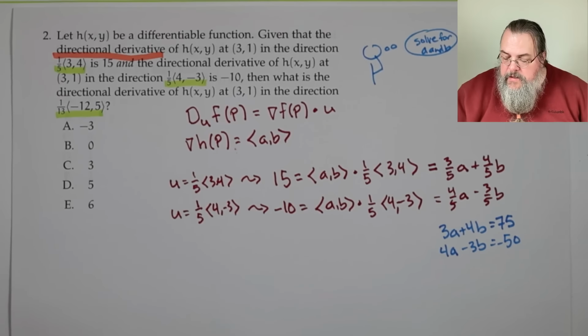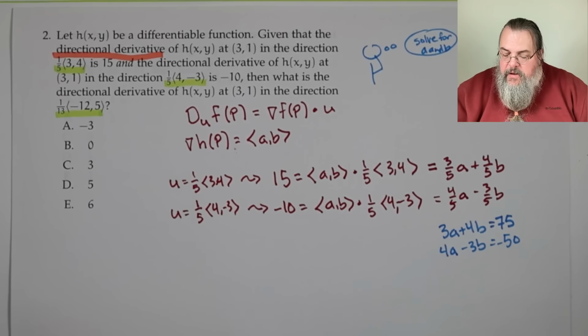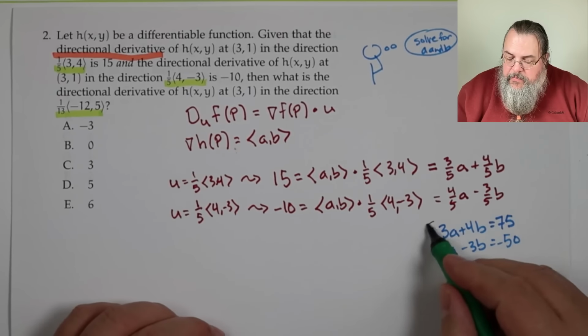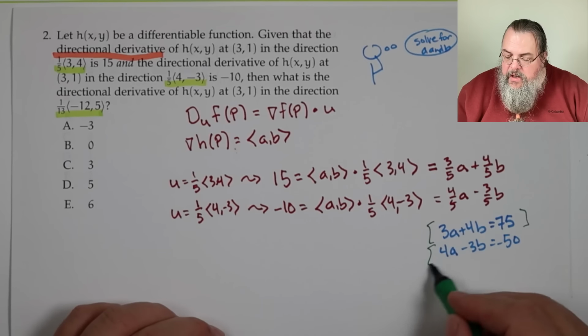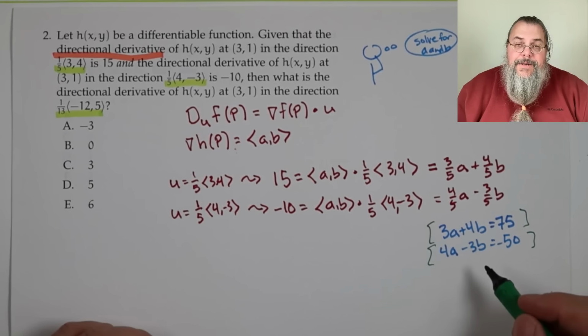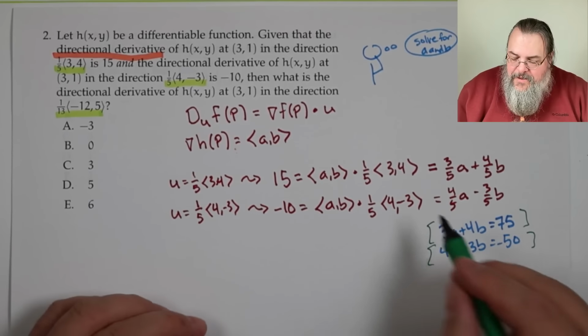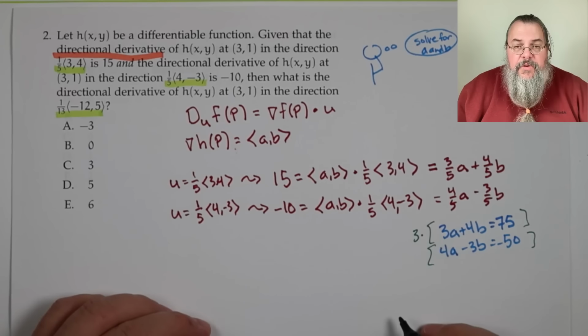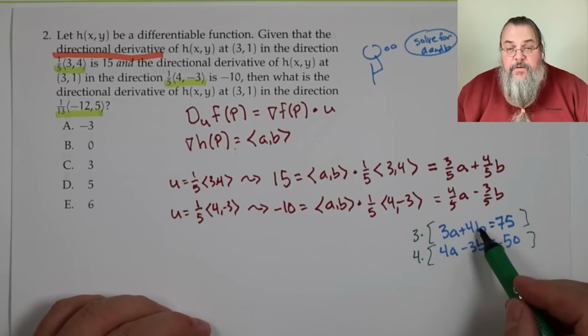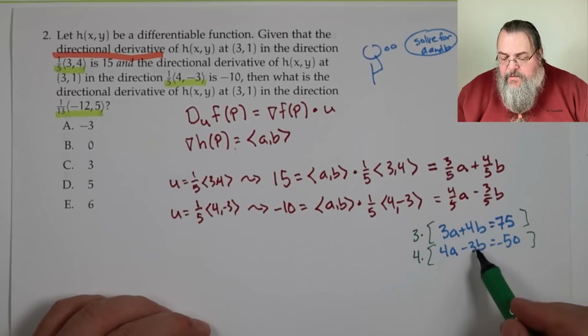And let's suppose we want to get rid of the b's. What can we do? One thing we can do is scale both equations in a nice way. I want something that both 4 and 3 divide into, 12. So we'll multiply the first equation by 3 and the second equation by 4. That'll give us a 12b and a minus 12b.